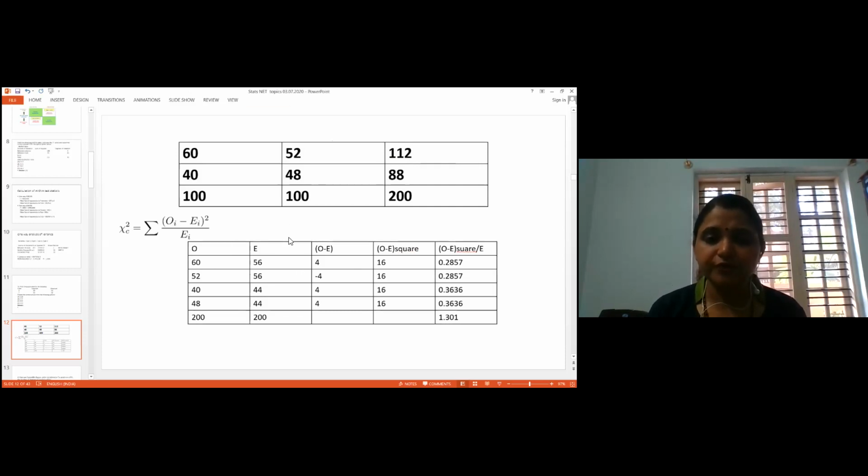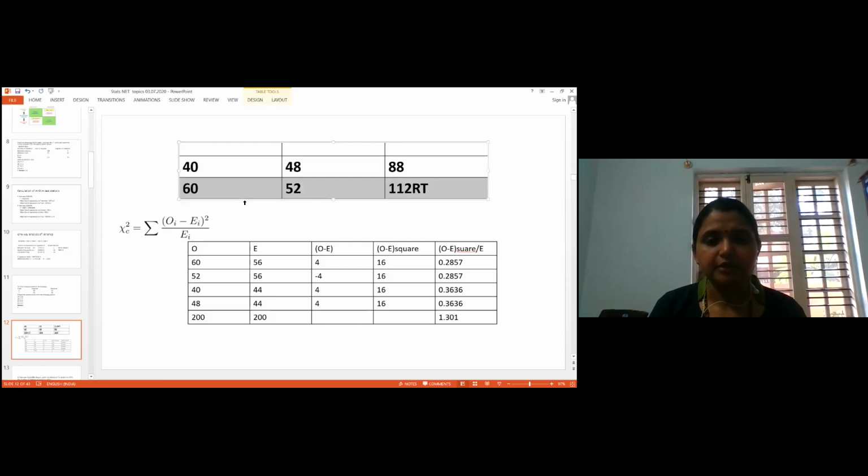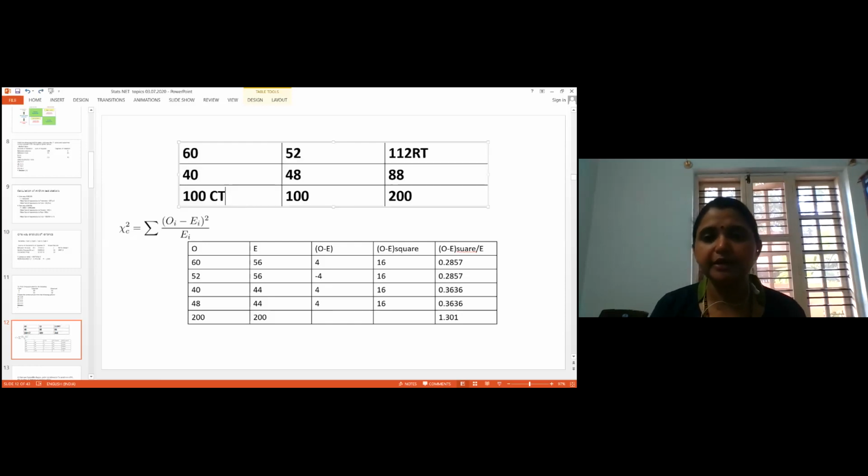So how do you find E values? We will have to calculate E, no choice, but it is easy in this scenario. What is the expected value for 60? Take the row total 112 and the column total, column total into row total, divided by the grand total.